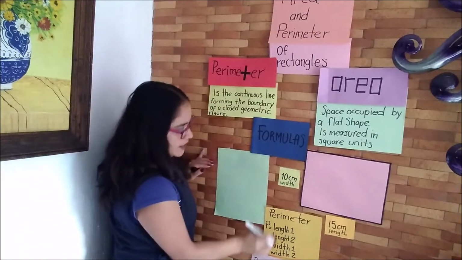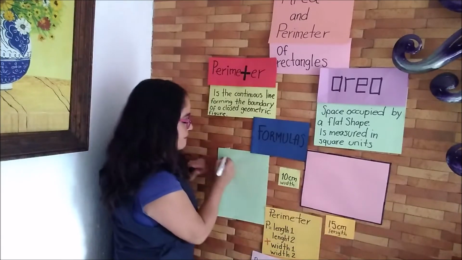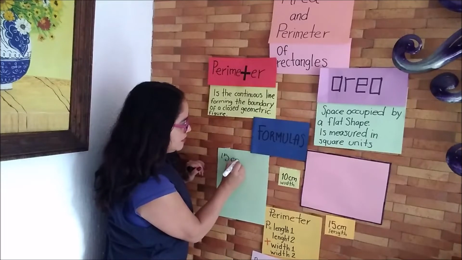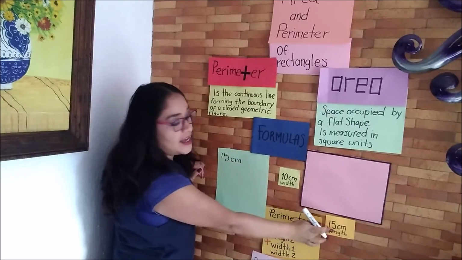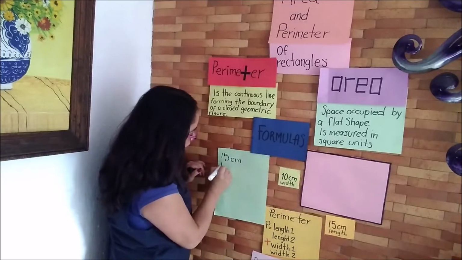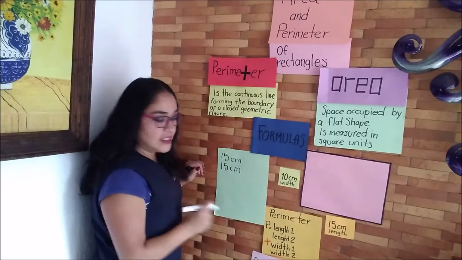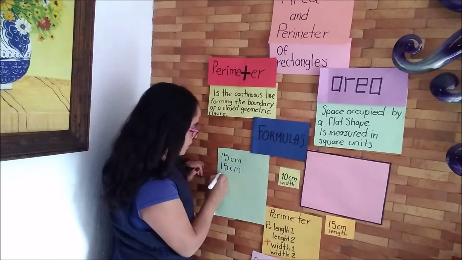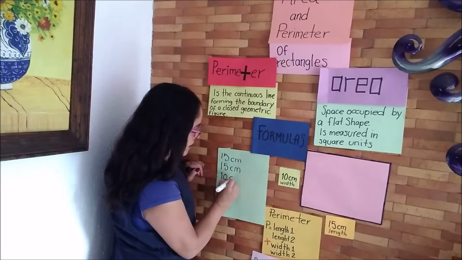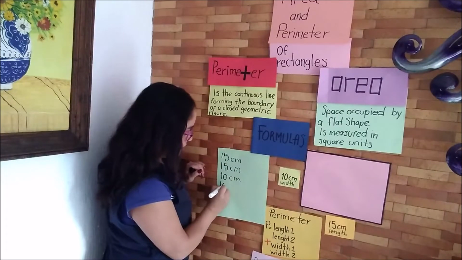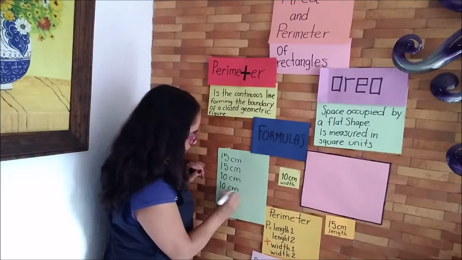So we have the length 1, that is 15 centimeters. The length 2, that is 15 centimeters. Width 1, 10 centimeters. And width 2, 10 centimeters.